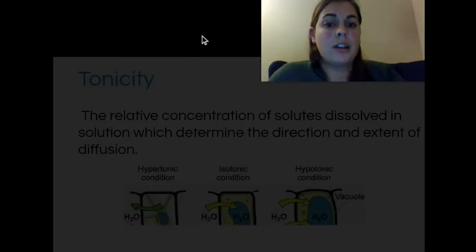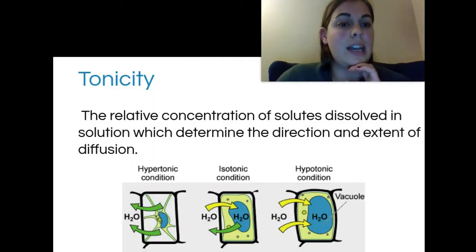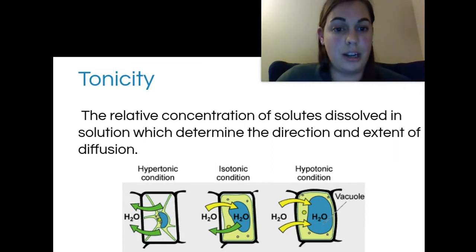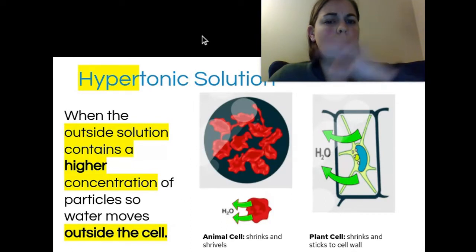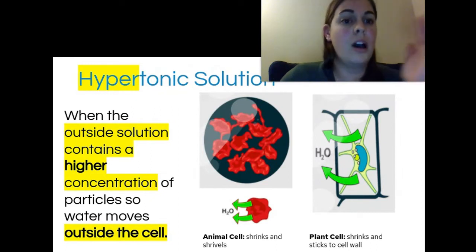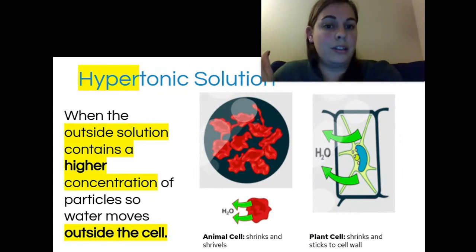Now we have tonicity. Tonicity is just saying how much stuff is outside of the cell. So the relative concentration of stuff outside of the cell. And when there is a higher concentration of particles on the outside, water will move out.